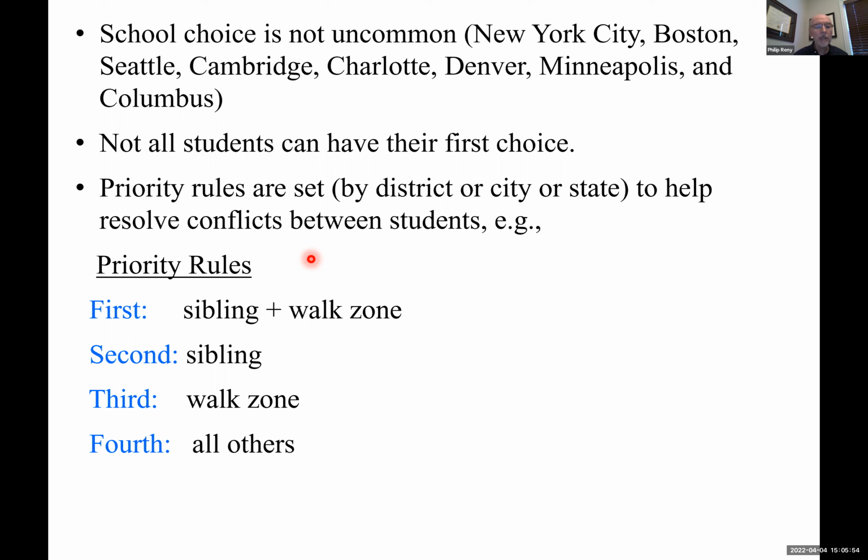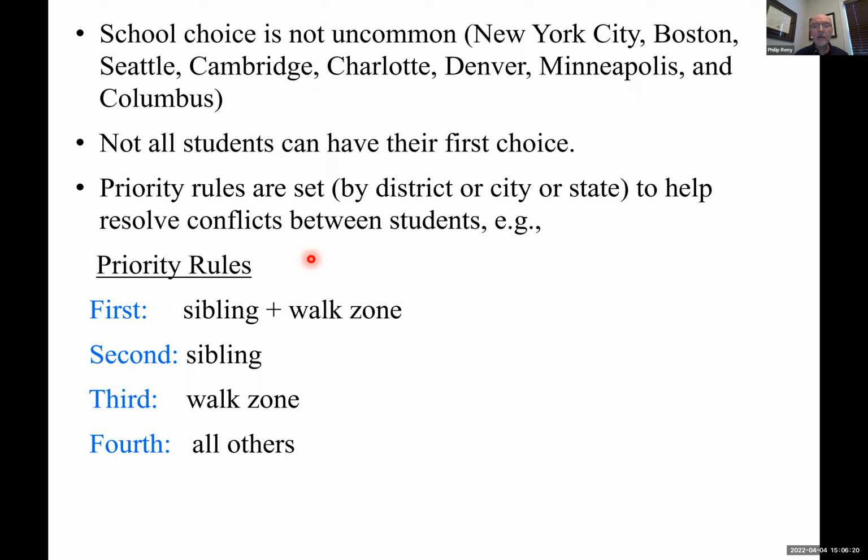It could be that you have a brother or a sister who's attending your first choice high school, and perhaps you're in what's called the walk zone, so it's a small distance away from the school. If both of those things are true, then you're in the first priority group of that particular high school.